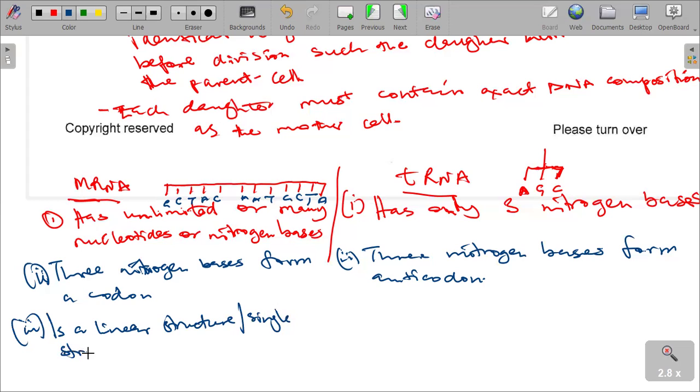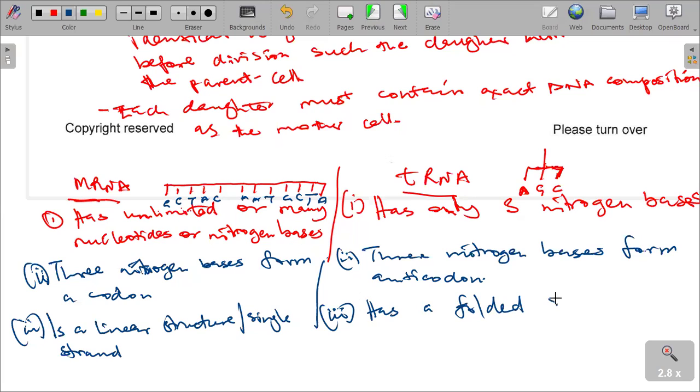And if we look at tRNA, it has 3 nitrogen bases that form one anticodon. It also has a folded structure. In terms of the structural differences, tRNA has a folded structure.